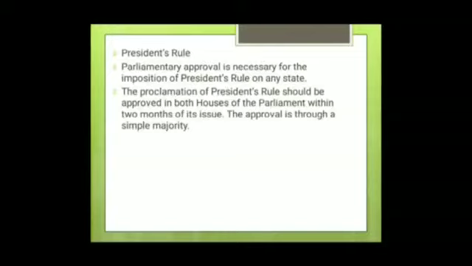The other important point is that President's Rule is initially for 6 months, and later it can be extended for 3 years only with parliamentary approval, which has to be taken every 6 months. So these are some basic requirements.